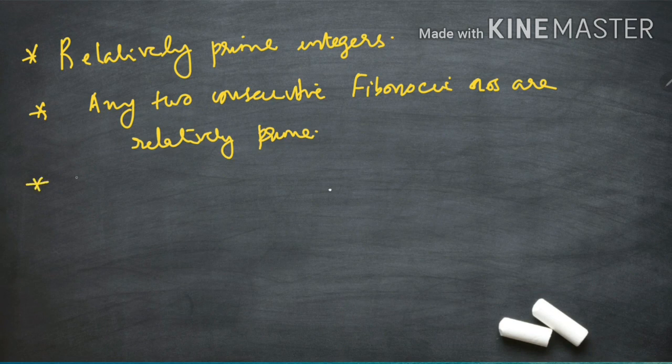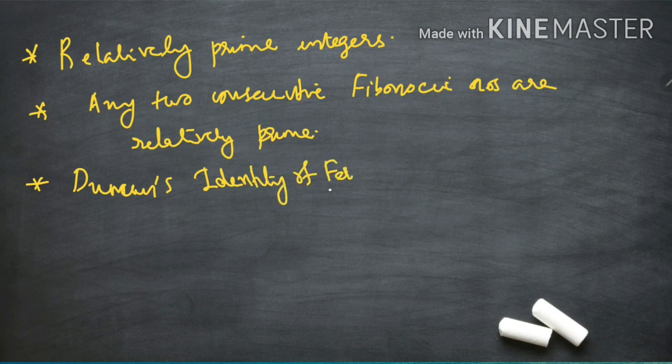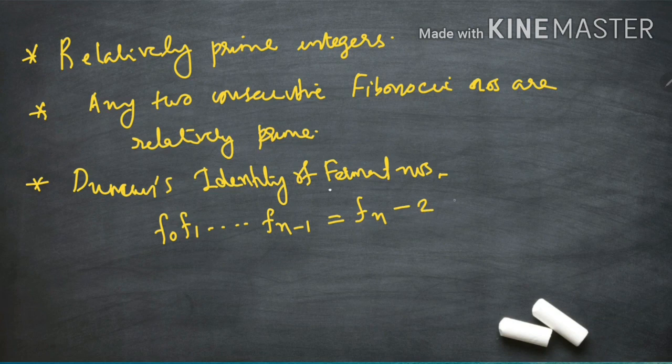And we have proved one more thing, Duncan's identity regarding Fermat numbers. That is, f naught into the product up to fn minus 1 is equal to fn minus 2 for n greater than or equal to 1. Up to this we have discussed today.